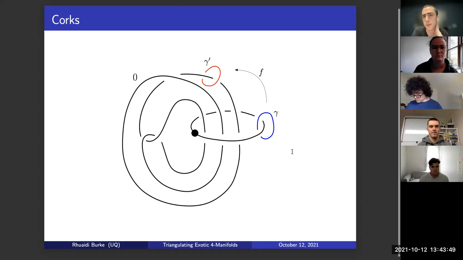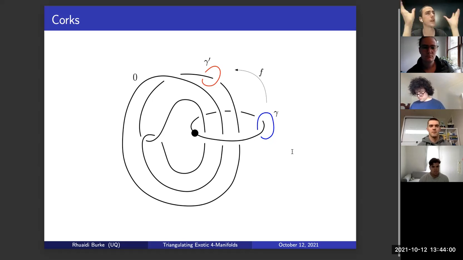If you've got a homology 3 sphere which satisfies a bunch of hypotheses, then I don't think there's an algorithm for it, but I can tell you that there exists a pair of exotic 4 manifolds with that homology 3 sphere as boundary, I think, but maybe don't quote me on that.